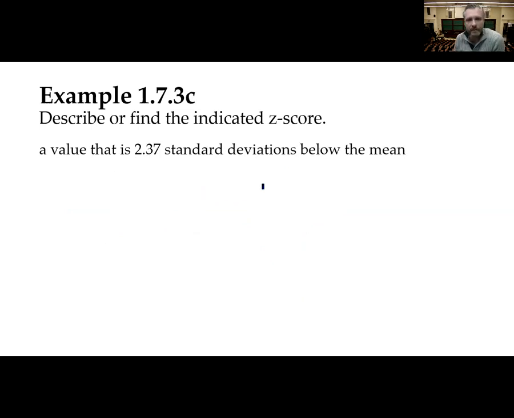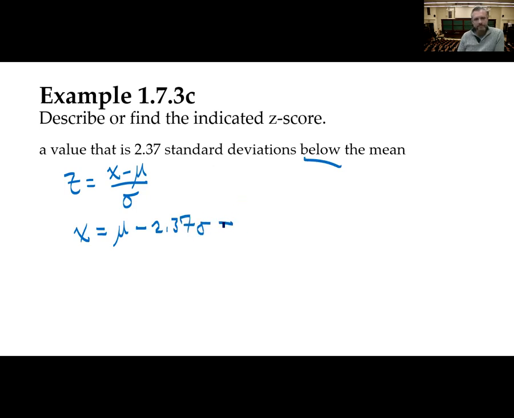What if the value is 2.37 standard deviations below the mean? Well, again, go to our formula. And now we're saying that x is the mean minus 2.37 standard deviations. All right, well, let's see what happens. That's going to give us a z of mu minus 2.37 sigma minus mu all over sigma.